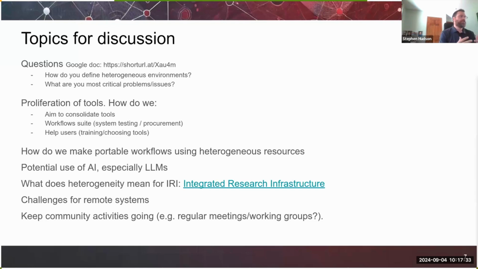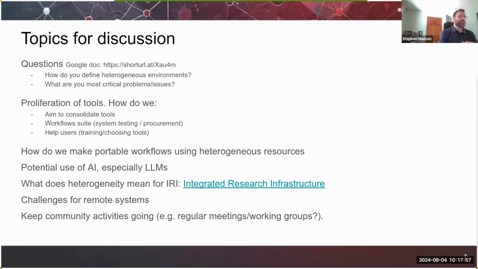So some of our topics: proliferation of tools. How do we aim to consolidate tools? Also things like putting together a suite of workflows for testing. There's already, for example, the E4S suite that gets tested on Perlmutter, but can we standardize that more, and what's going on at the moment?